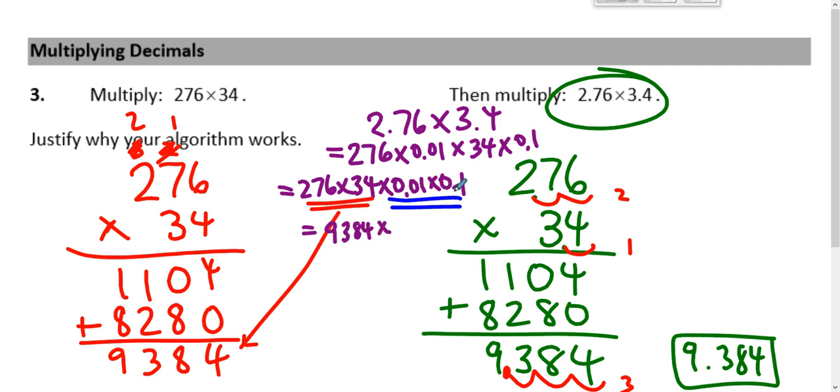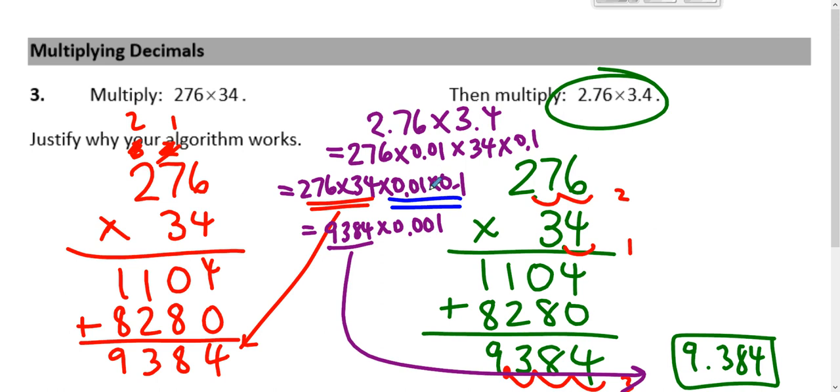The 0.01 times the 0.1, so this is 1/100th, this is 1/10th. Those multiply to 1/1000th. So this final answer comes from doing the multiplication as if there were no decimals and then recognizing that there are.